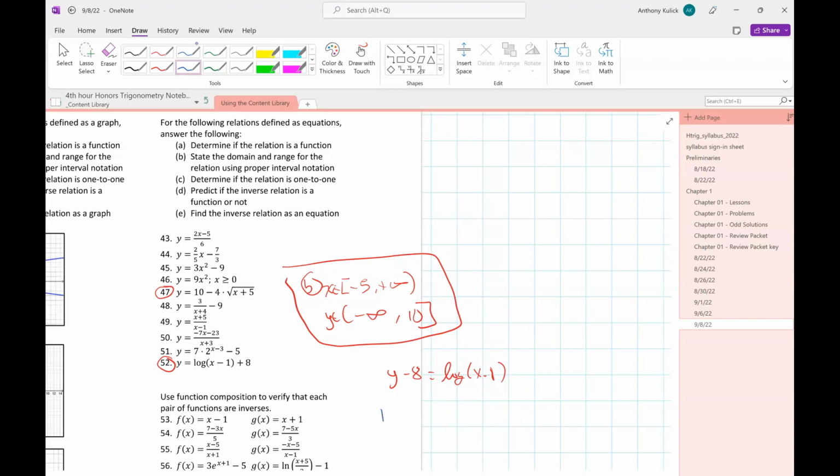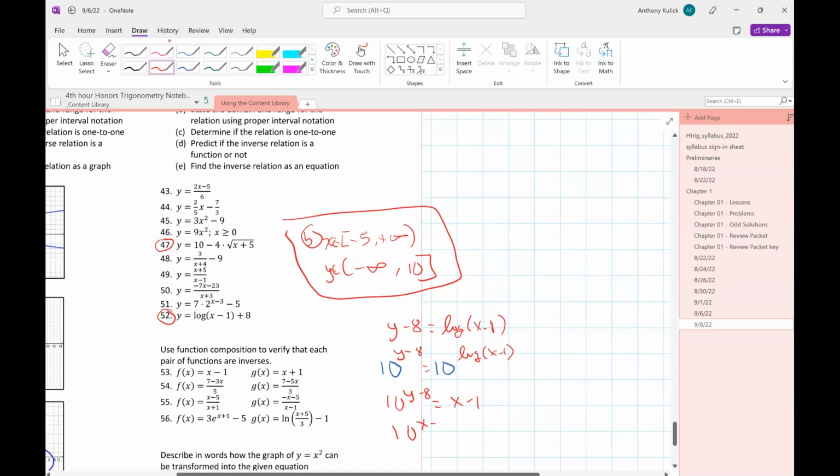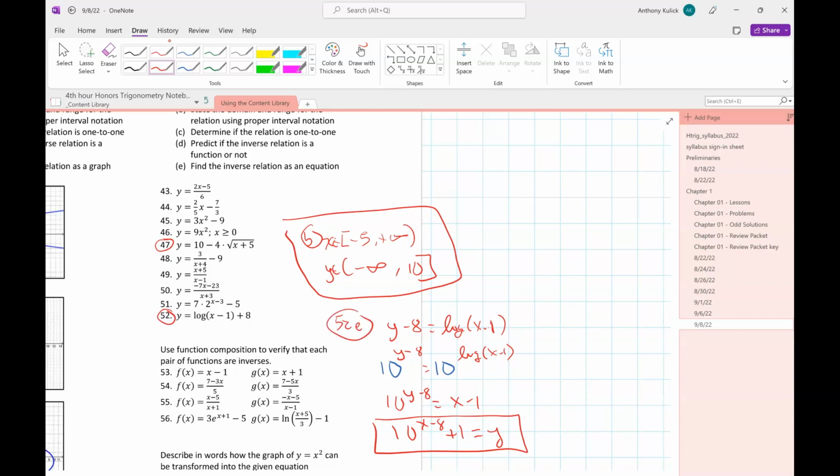Regular old log, the common log, is log base 10. And then I can add the 1 over and then swap the x's and y's. So that's my inverse there, Sophia, for 52.